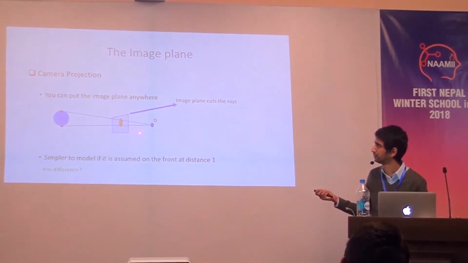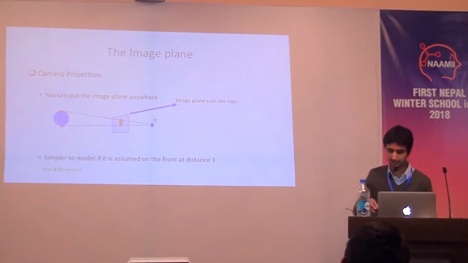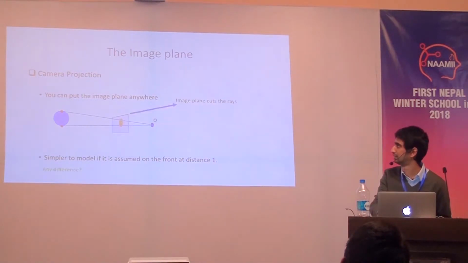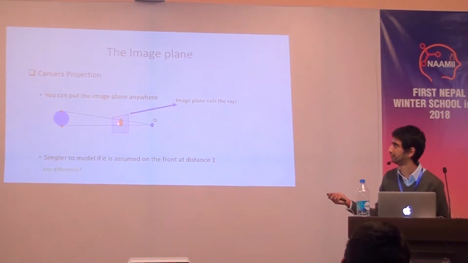So what other differences do you see between this and this mathematically? The only difference is that the images are now upright; they are not inverted, right?